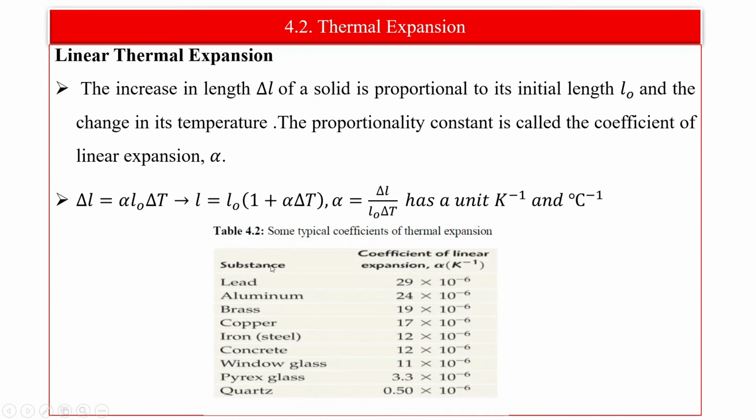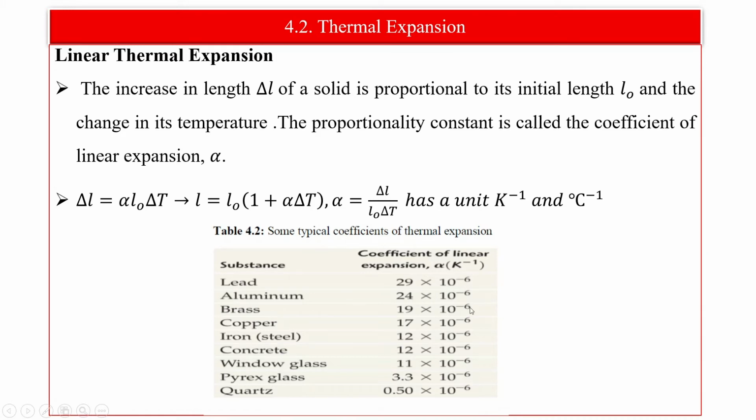Another thing that we have here is different materials. Based on these different materials, we have coefficients of linear expansion, given per degree Kelvin. For example, you can take lead: 29 times 10 raised to minus 6 per Kelvin.